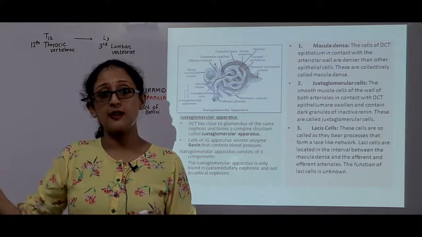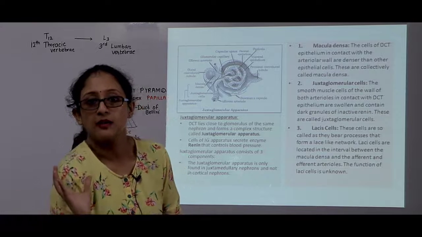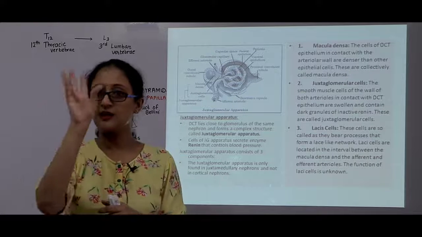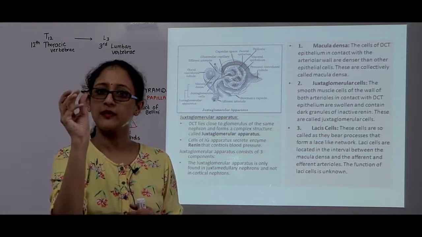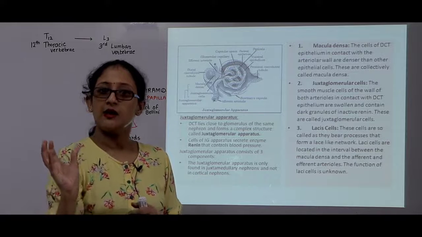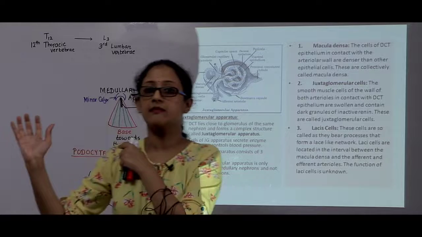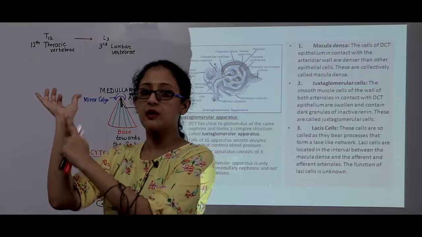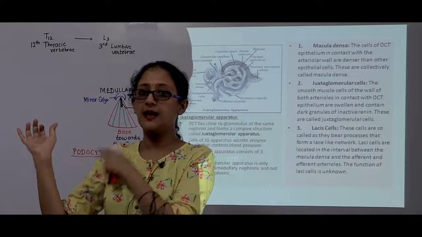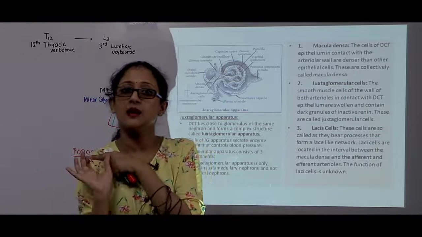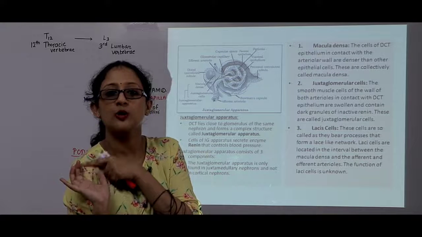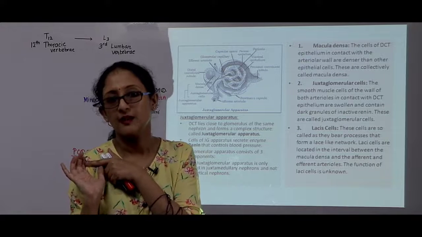So, actually see how it is. Can you see this Bowman's capsule is actually very close to the DCT. Bowman's capsule, PCT, Henle's loop, DCT. DCT and the Bowman's capsule lie close to each other.